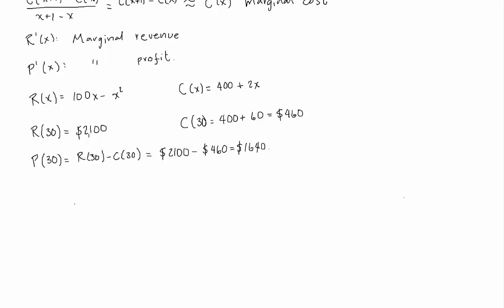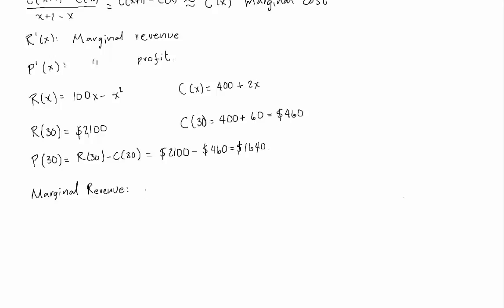Alright, so the question now is, how is the revenue increasing when you go from 30 to 31 units? So what is our marginal revenue? Ultimately, we would want to know the marginal profit, because that's going to tell us if our profits are still increasing as we increase the production, or if we are actually going down. That would be the important part.